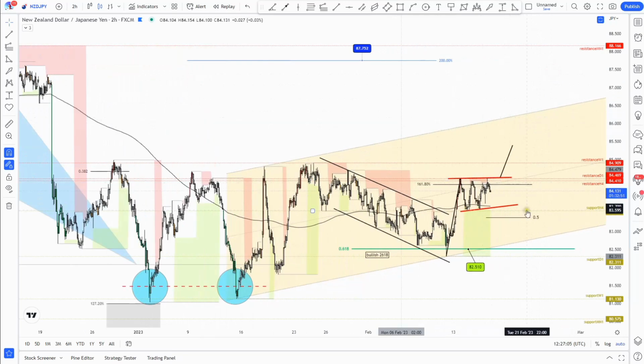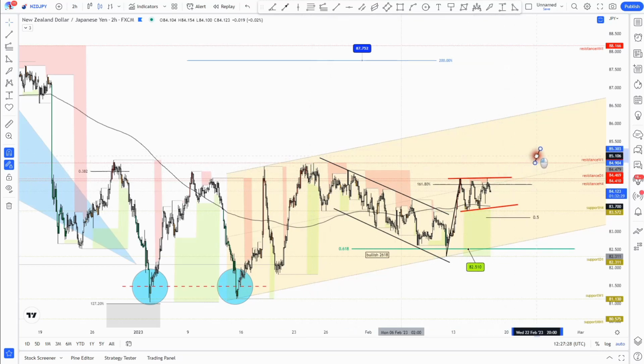For now, we have a decent range between resistance and support levels, 83.57 and 84.46, specifically above the weekly fractal, not these recent ones. We may see the price trying to break this range and finding resistance again at the weekly fractal.